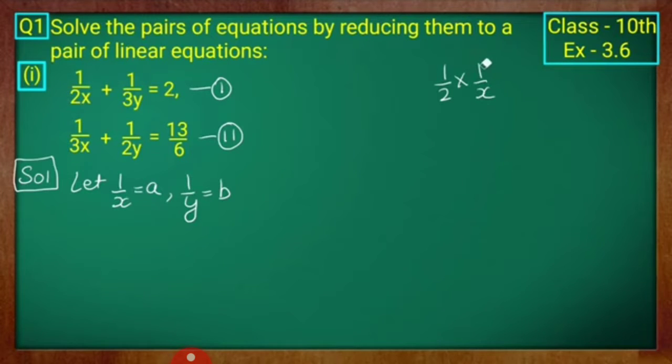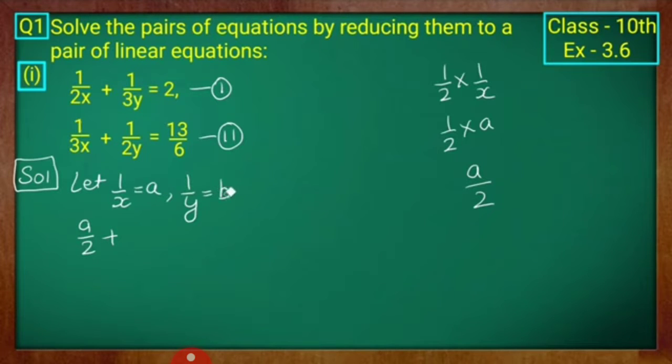So when we put 1 upon x is equal to a in equation number 1, like you can see in this rough portion, 1 upon 2 instead of 1 upon x, if we put a, it will be a upon 2.